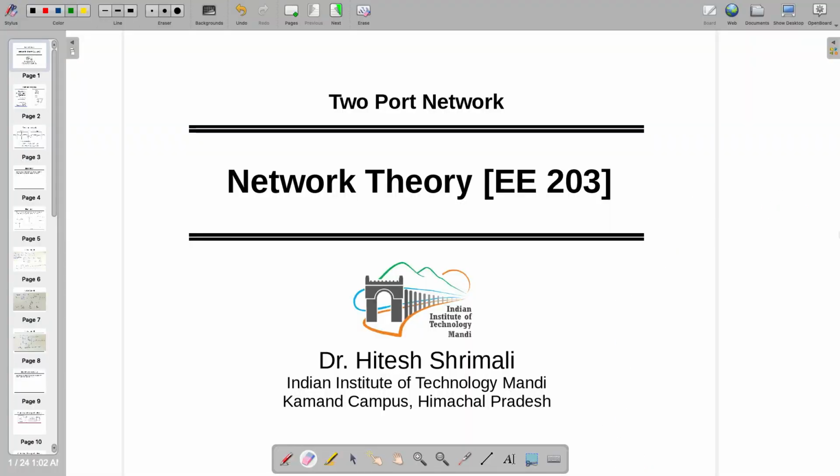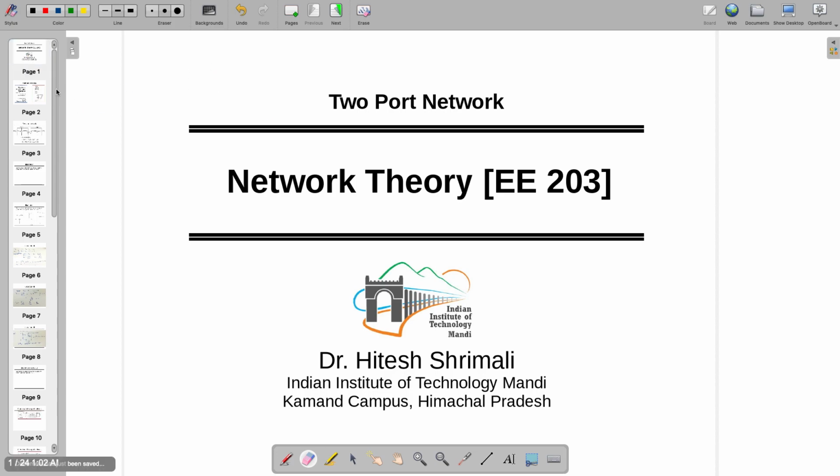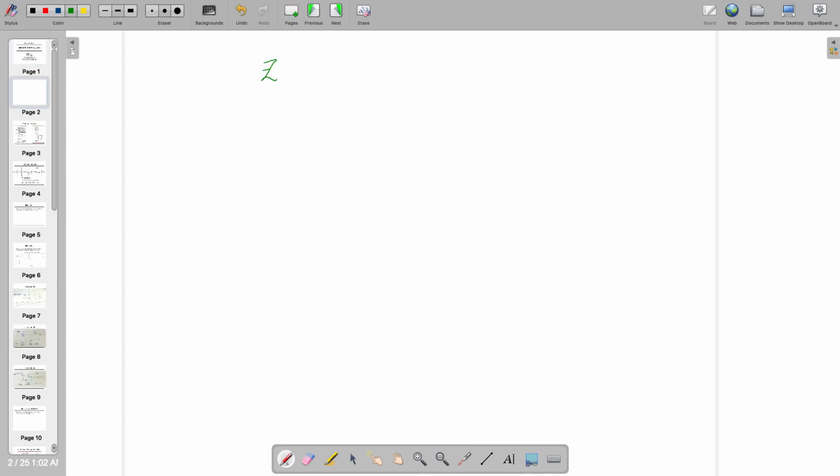Okay, so we talked about two-port networks previously, where we discussed various kinds of ports and networks. One is called Z parameter, and one is called Y parameter. This is the impedance parameter, and this is the admittance parameter.